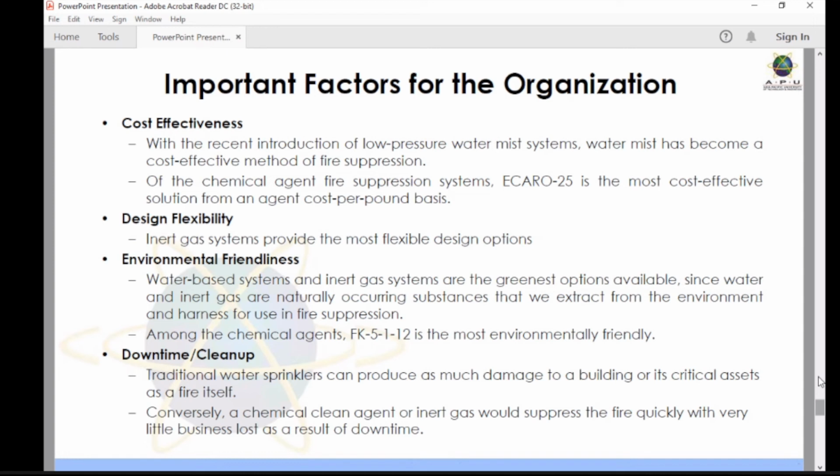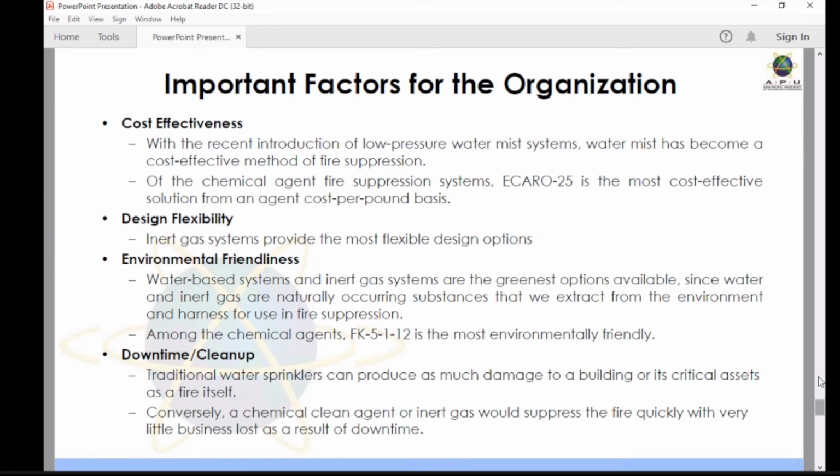The factors that affect decision making in implementing a fire suppression system are cost effectiveness, design flexibility, environmental friendliness, and downtime or cleanup. With cost effectiveness, with the recent introduction of low pressure water mist systems, water mist has become a cost effective method for fire suppression.